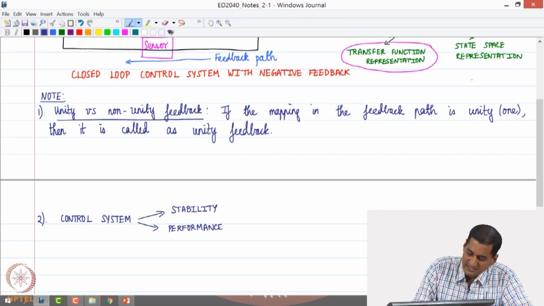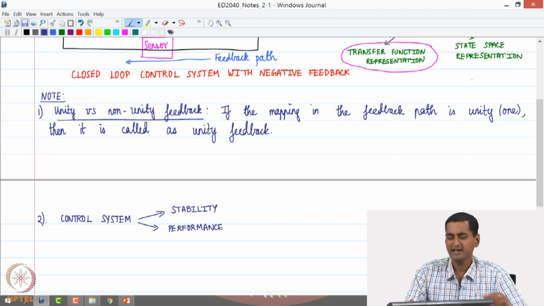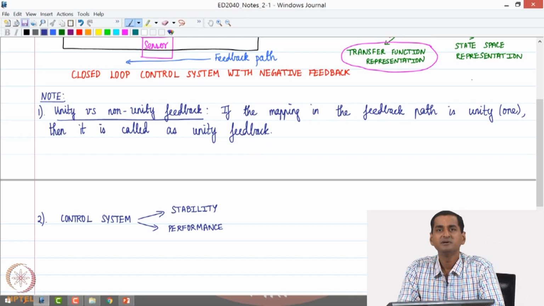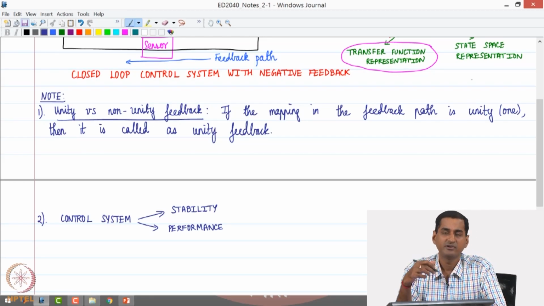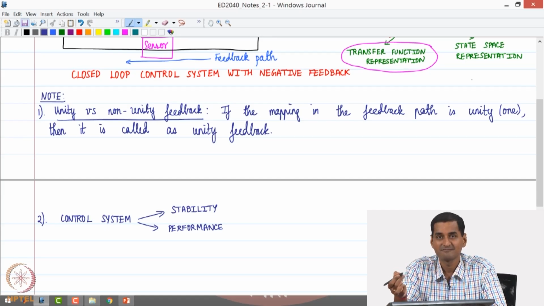So, all of us can get a very intuitive idea by looking at these terms, right, stability and performance. For a control system designer, stability is paramount. That means that we need to design systems that are stable in the first place.